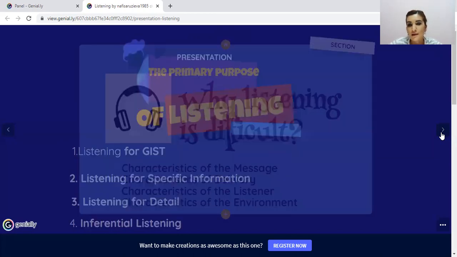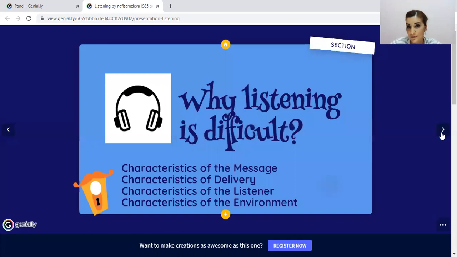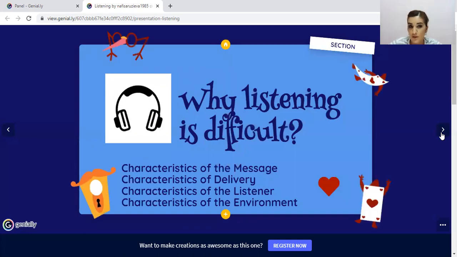The next is why listening is difficult. That's a very good question because it has some reasons. For example, the first one, characteristics of the message. As you know, we cannot have any kind of listening task for our students because we should take into consideration their knowledge level.